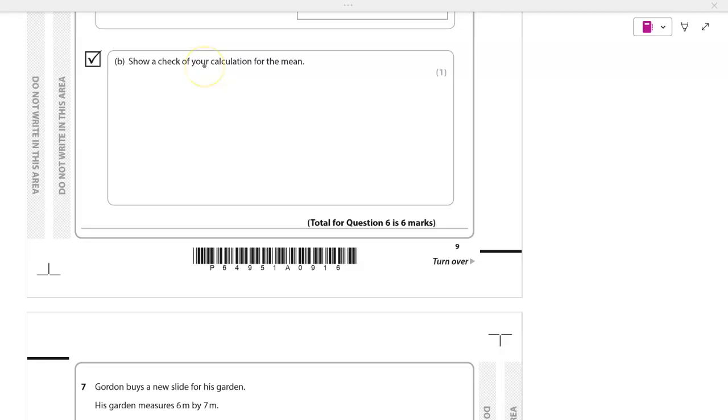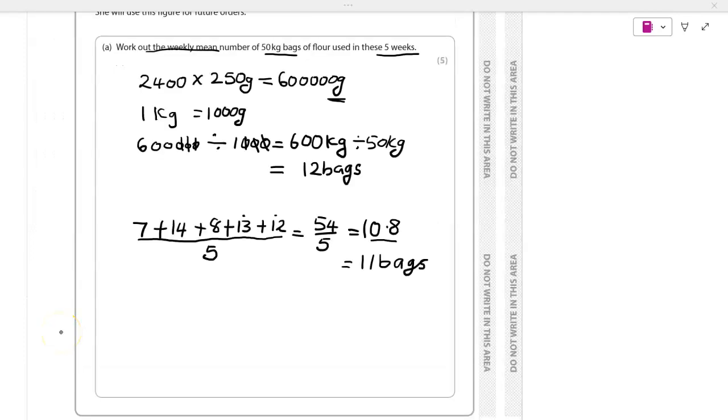The next question says, show a check of your calculation for the mean. So if we come back to our answer, we got 10.8, which we approximated to 11 bags. Here we do the inverse. We can do 10.8 times 5 or 11 times 5.